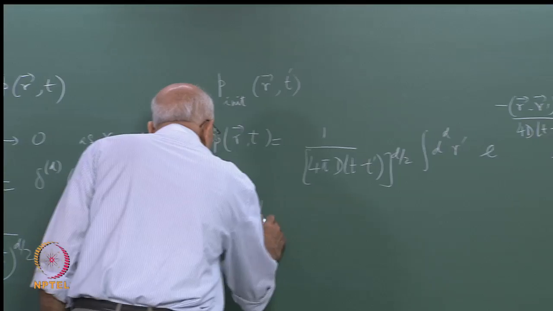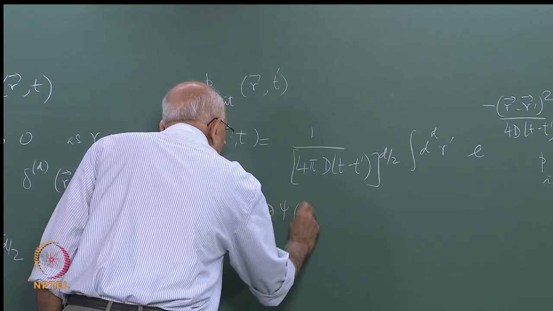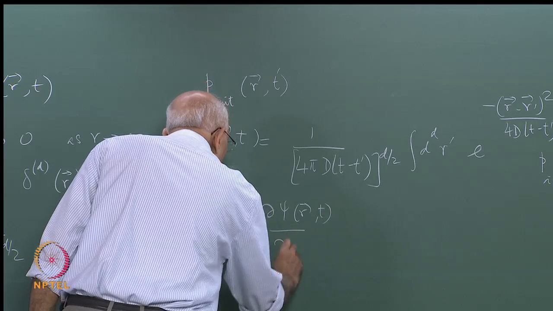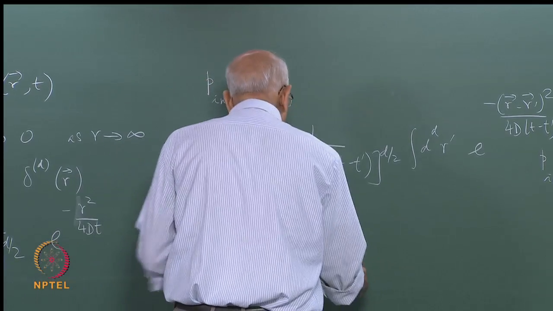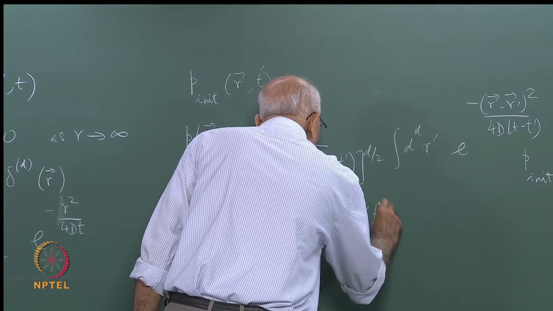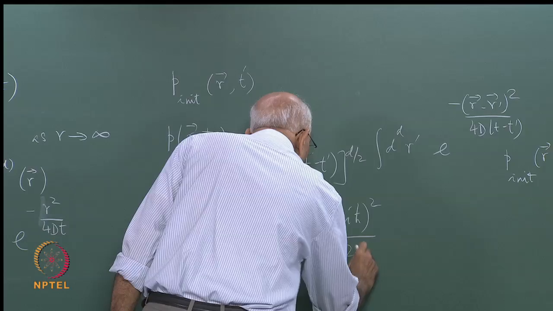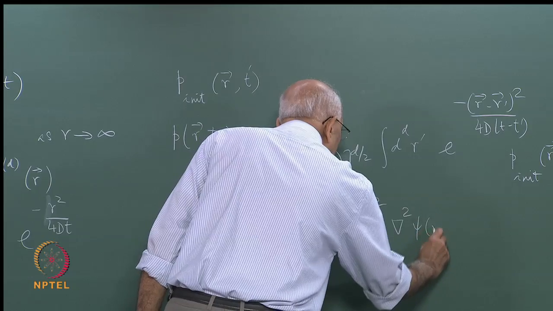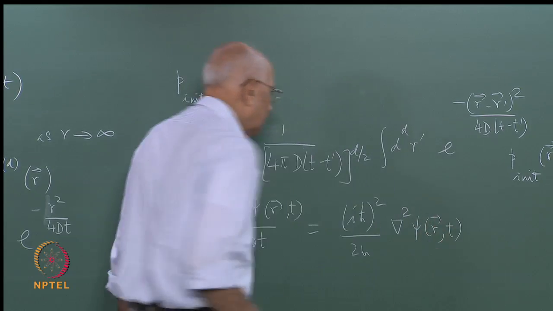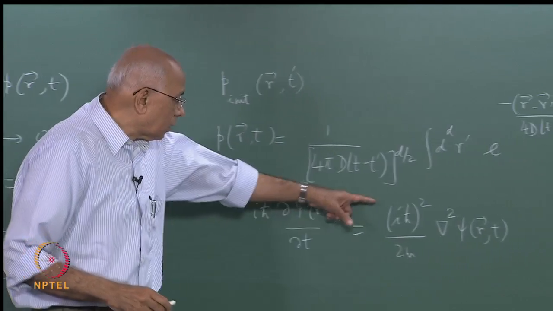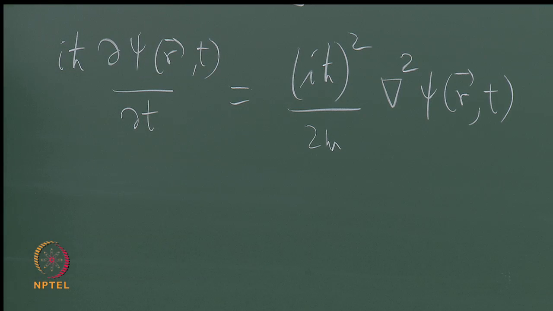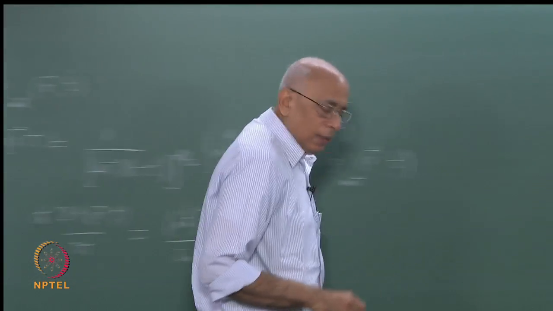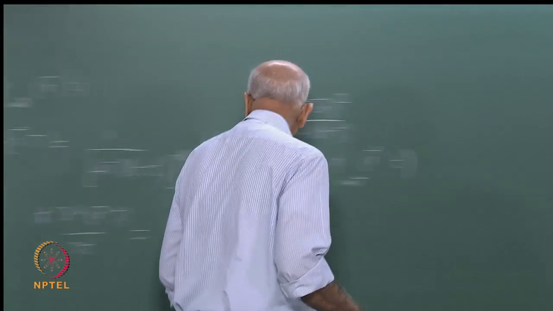It says i h cross del psi of r comma t over del t equal to, on this side, minus h cross squared over 2m del squared psi of r comma t. I have written it as (i h cross) whole squared, and if you remove one of these i h crosses, then it is clear that it is like the diffusion equation.